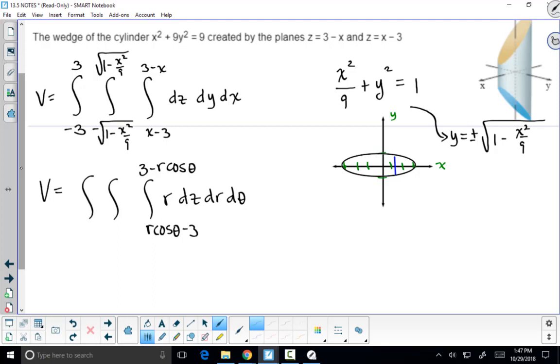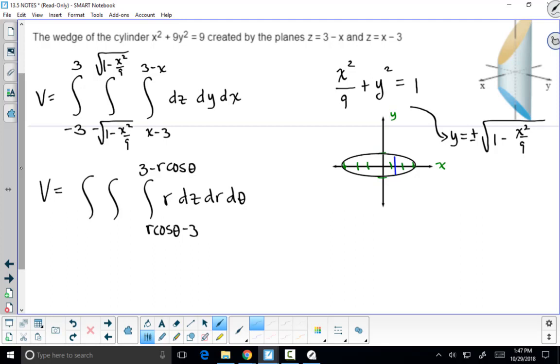Ooh, switch it. Are we supposed to switch to cylindrical here? I'm thinking no, all of a sudden. How do we write this cylinder, or this ellipse, in cylindrical? Yeah, this does not seem like the way to go. I didn't read the rest of the question. Saba, did you read this one? This to me feels like we're supposed to just keep going in rectangular.